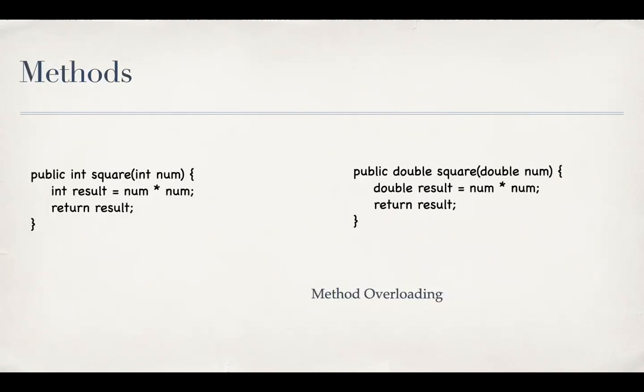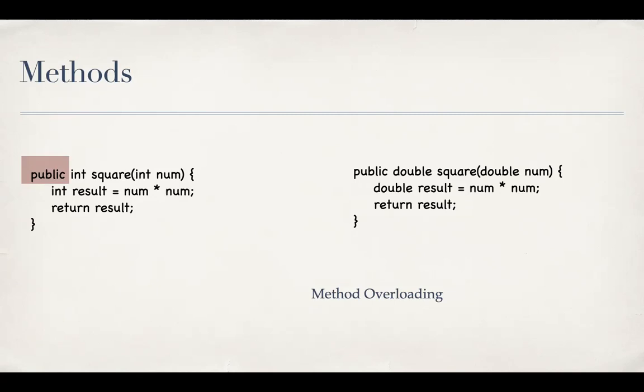Next thing is methods, and we'll also talk about method overloading. First, let's look at the example on the left, where you have a method called square for integers. Let's look at different elements of that method definition. First of all, you have public, which is an access modifier.